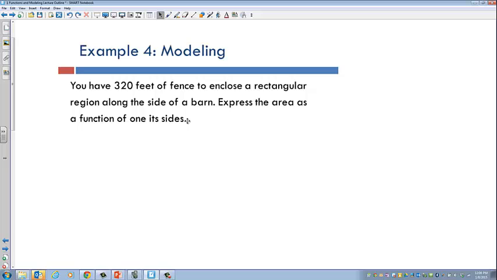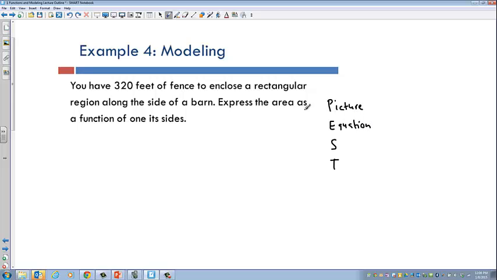All right, so when we're doing a modeling problem, there's basically 4 steps you need to follow to help you solve this. And so the idea is you want to create a picture, come up with an equation, and then solve it and test it if the question asks for it. So in this one, we're just going to do the first 2 steps, but eventually we'll get to the last 2 where we solve, and sometimes we'll be able to test.